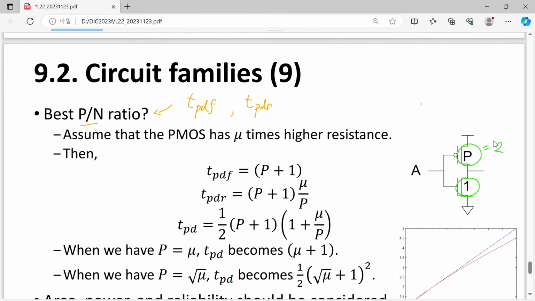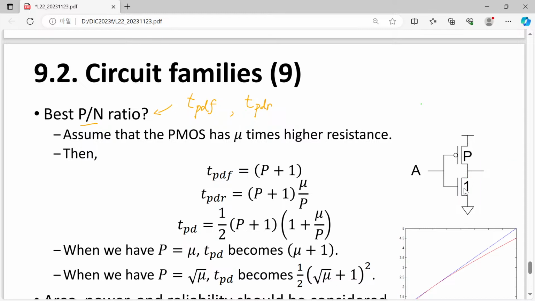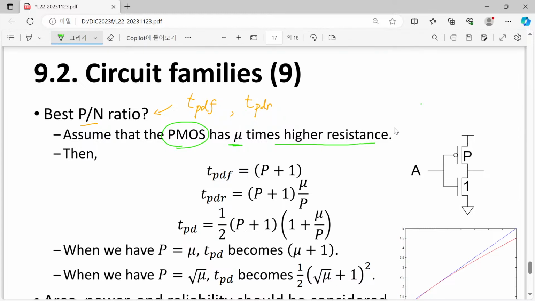Then is it good for average transition time, or say 1.5? Is it good? So let's try to do some evaluation. Our assumption is that the PMOSFET has mu times higher resistance than our NMOSFET.